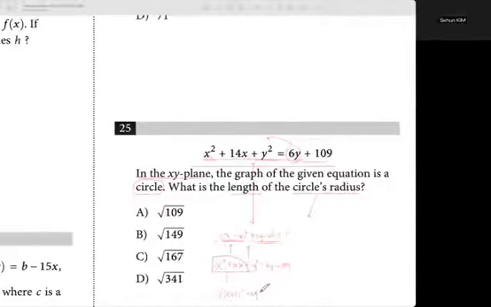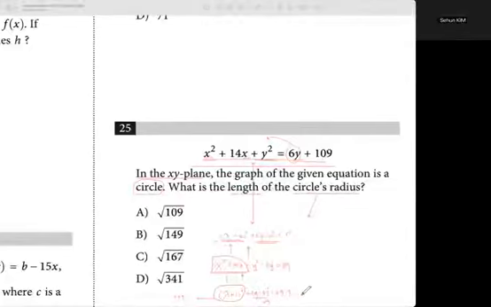But this is not the end, because if you expand (x plus 7) squared and compare it with the original x squared plus 14x, you will have a plus 49 at the end, which is an extra compared to the original. So we need to subtract it to make it exactly the same as the original function given. Also here, we have a plus 9 at the end, so we have to subtract 9 as well.